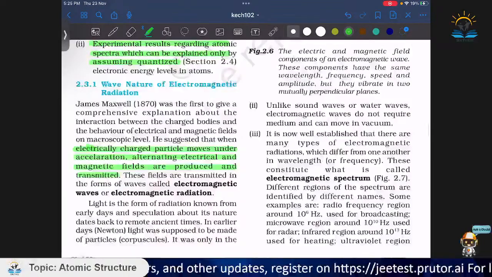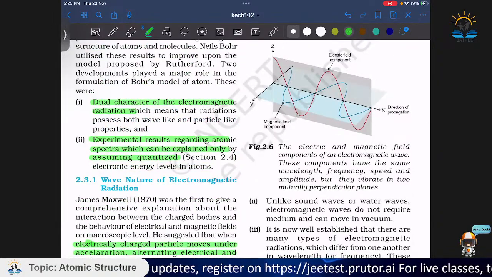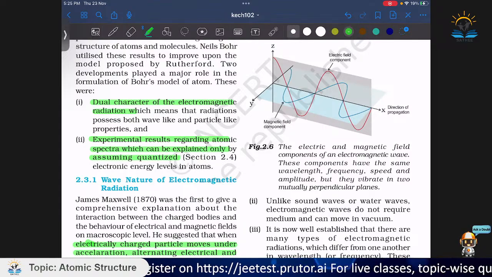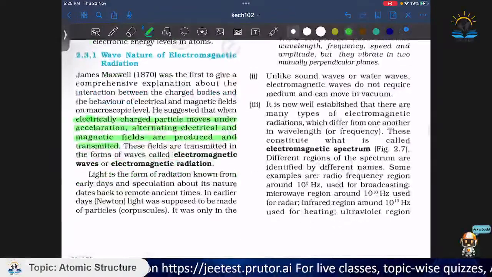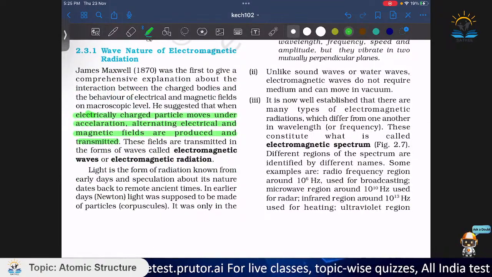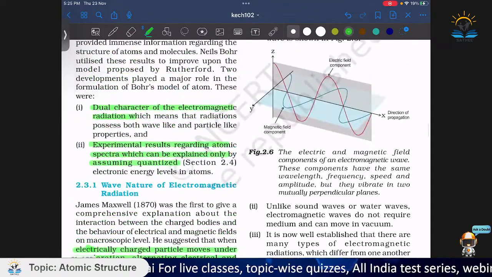What are electromagnetic waves? They are perpendicular electrical and magnetic fields which propagate themselves in space. They are self-propagating. These fields are transmitted in the form of waves called EM waves or electromagnetic radiation. Light is an electromagnetic radiation.